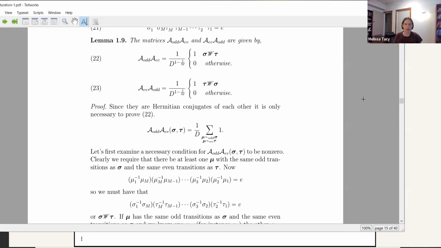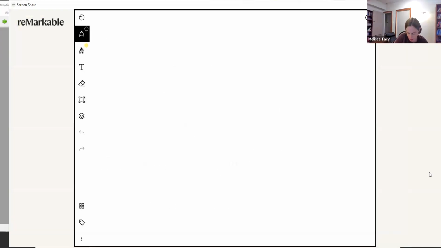So what I really need to do is just examine these conditions about the even transitions and the odd transitions. So what I've got is that any element of A odd times A even is just given by this sum. So what I'm really looking at is a sum over mu, where mu is odd equivalent to sigma, and mu is even equivalent to tau.